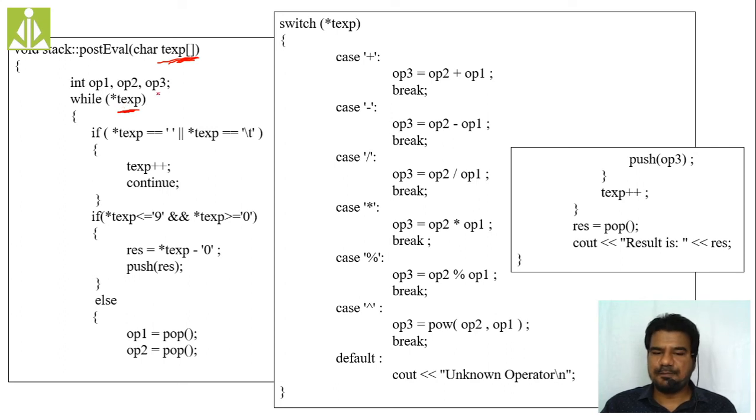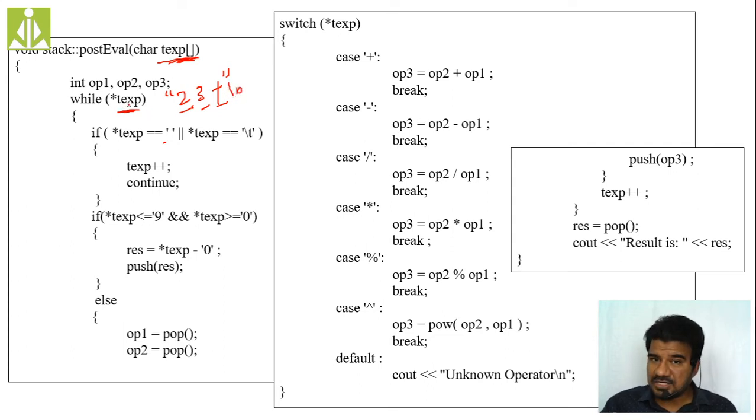So let us suppose you are giving the expression like 2 3 plus. In the first iteration, it will consider 2. In the second iteration, it will consider 3. In the third iteration, it will consider plus. And in the fourth iteration, this will become null because we don't have any more characters in this string. And the last character will be the delimiter, that you know.